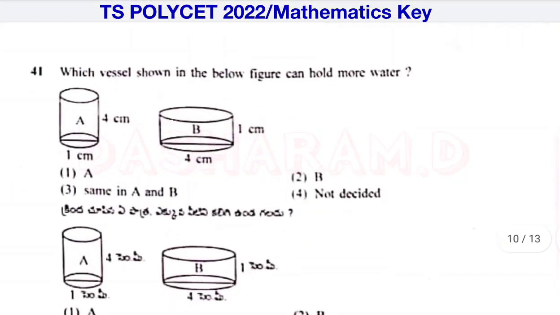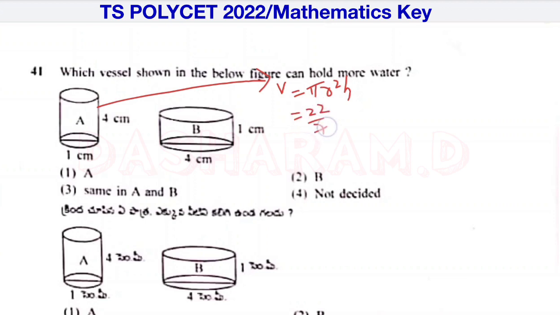Question number 41. Which vessel shown in the below figure can hold more water? Can hold more water means find the volume of both vessels. So first, the volume of the first vessel: V equals the formula pi r square h, because that is a cylinder.